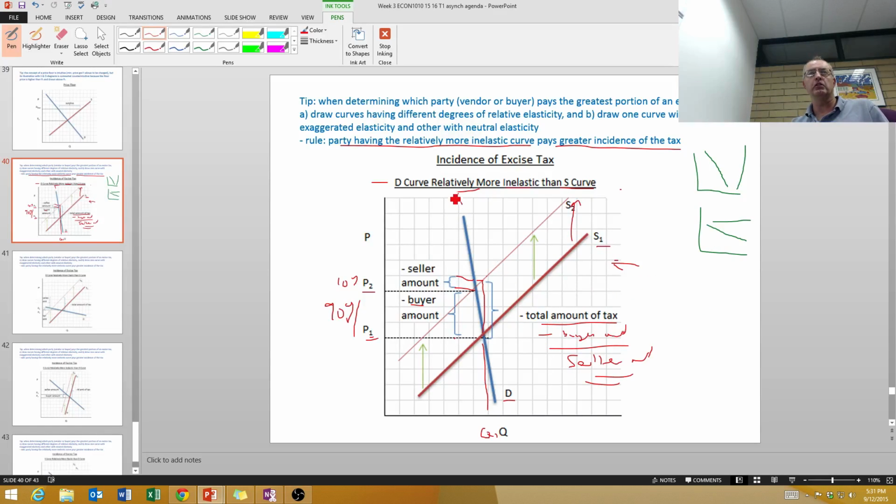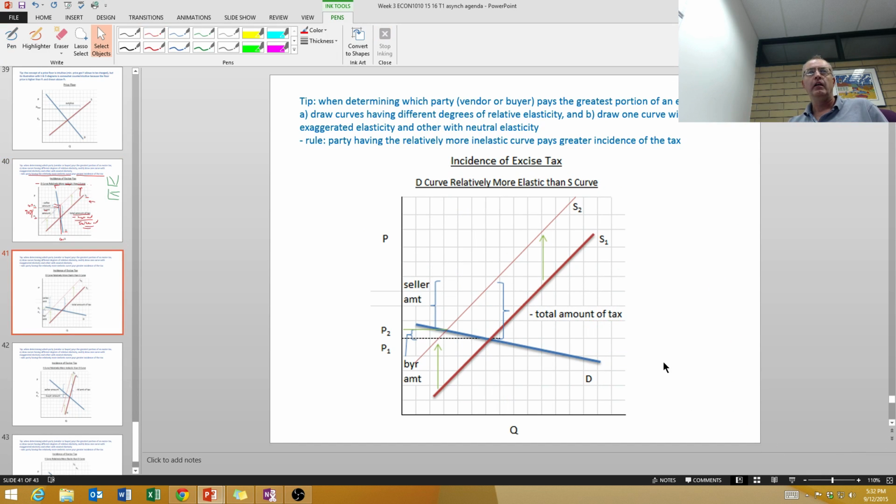Okay, so that's one scenario. The demand curve is relatively steep and the supply curve is relatively shallow. And then in the second scenario here, we have the demand curve relatively more elastic than the supply curve. So I left the supply curve at the same slope as before, and now the demand curve is relatively shallow, so the demand curve is relatively elastic. The government imposes the same tax as in the last scenario. So here's the first equilibrium price.